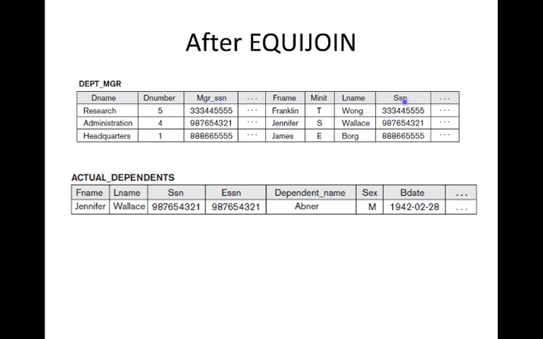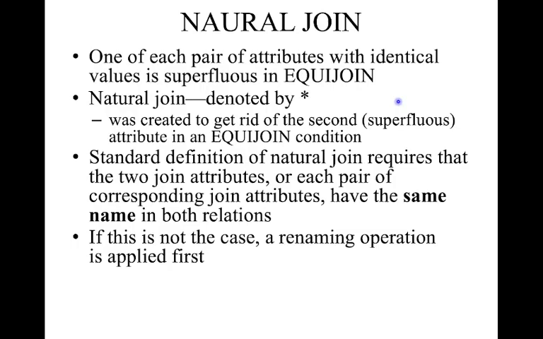In the case of an equi join, this is not a problem. But in natural join, we have to rename to the same name. We have to change either manager SSN to SSN, or SSN to manager SSN, so we have to perform the rename operation.